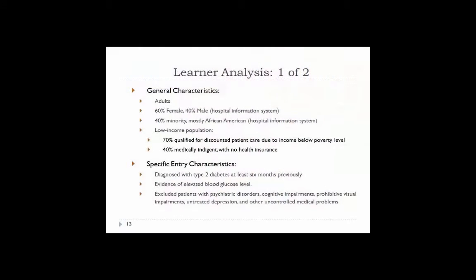Among the specific entry characteristics were three. They needed to have been diagnosed with type 2 diabetes at least 6 months previously. They needed to show evidence of an elevated glucose level, and we needed to exclude patients with other problems since we needed to be very clear that we were focusing only on diabetes management.